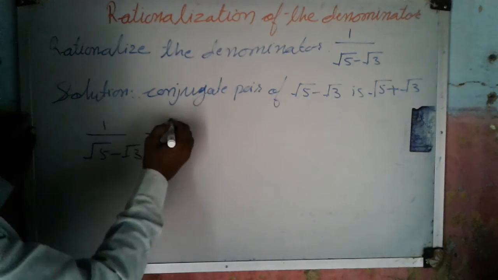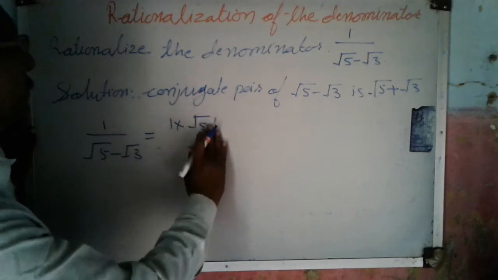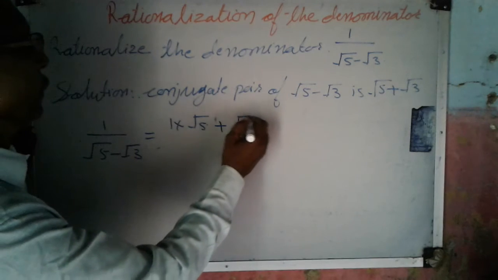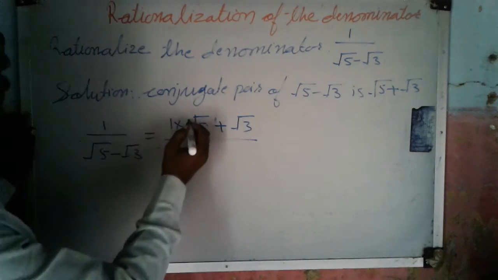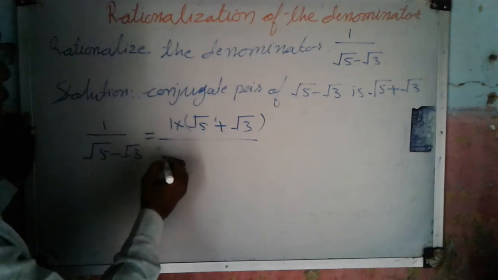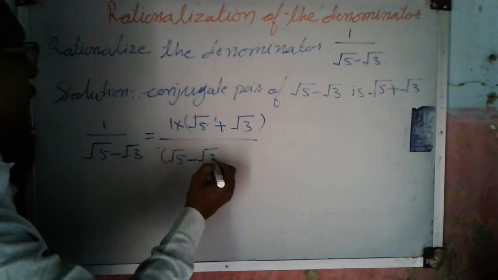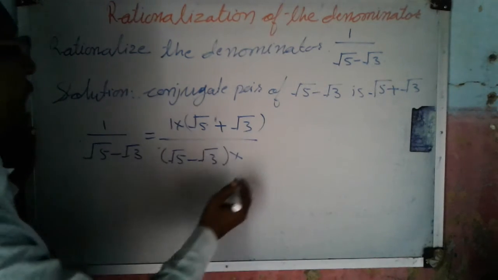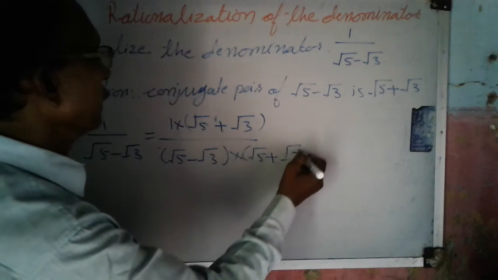So here the numerator is 1 multiplied by root 5 plus root 3. Now in the denominator we multiply root 5 minus root 3 by root 5 plus root 3.